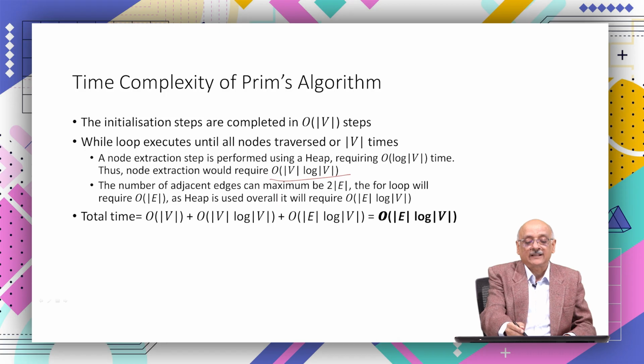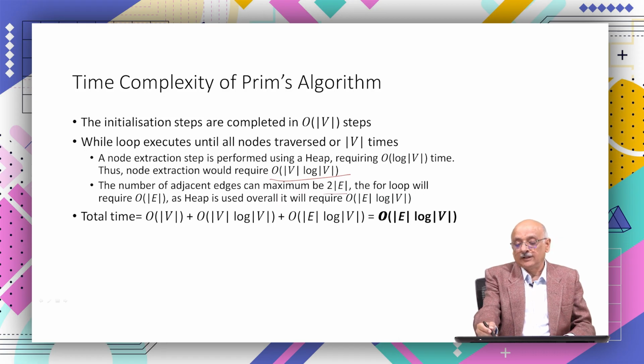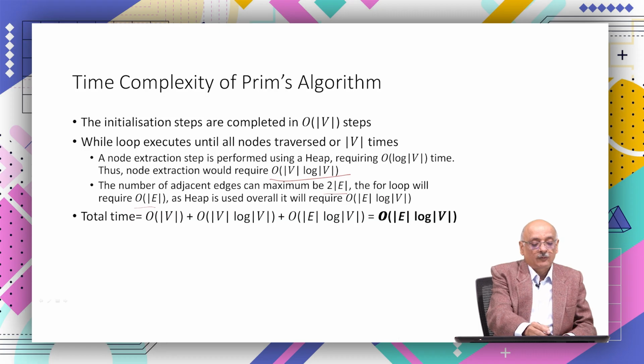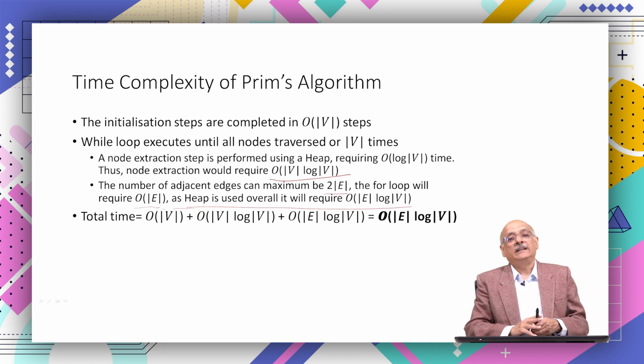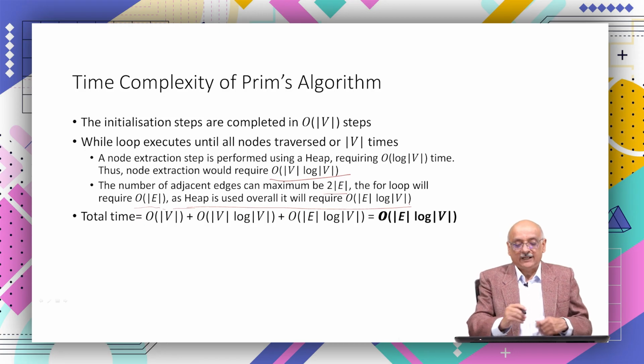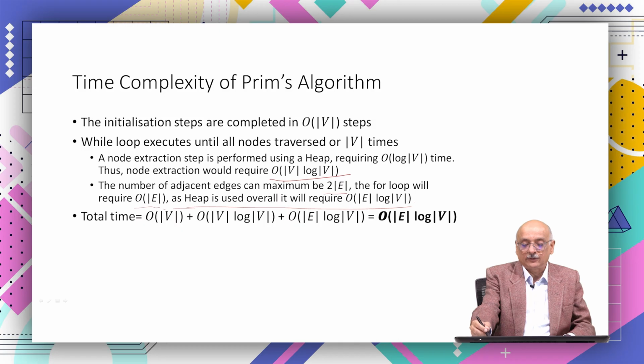The number of adjacent edges can be at most 2E. The for loop will require order E only. As a heap is used, overall it will require order E log V only. Once again, E log V is going to be the order.